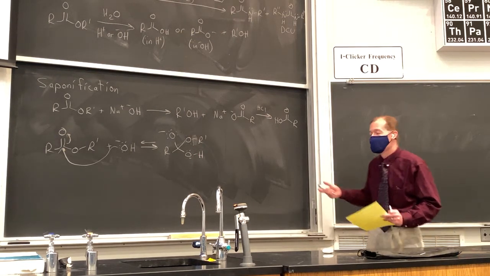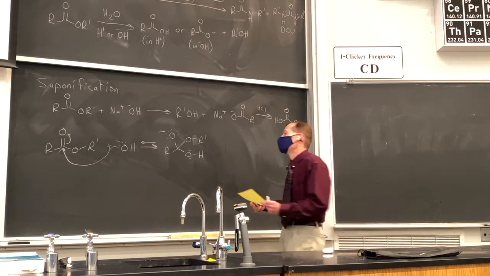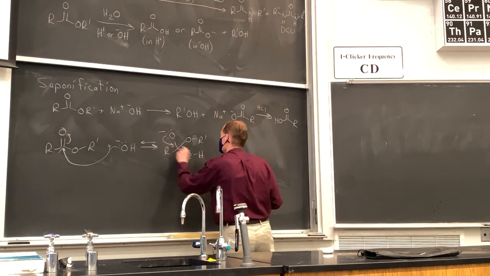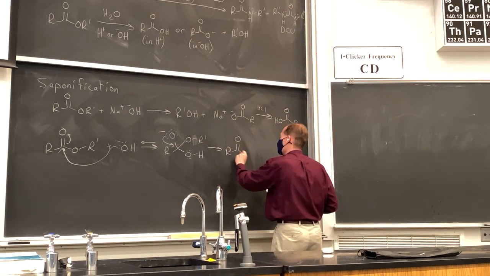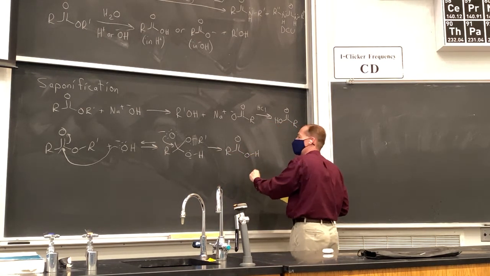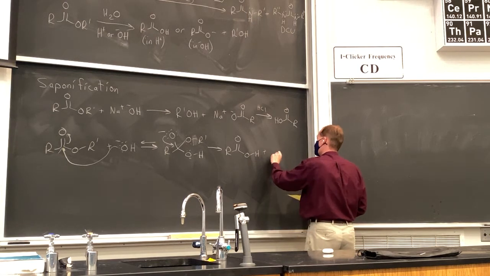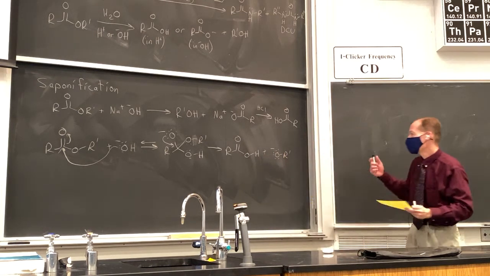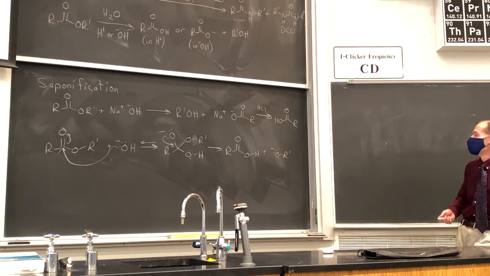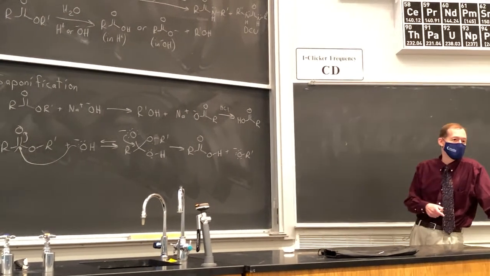But if we eliminate out the alkoxide, something different happens. We generate a carboxylic acid, which has an acidic proton, and an alkoxide, which is a strong base.